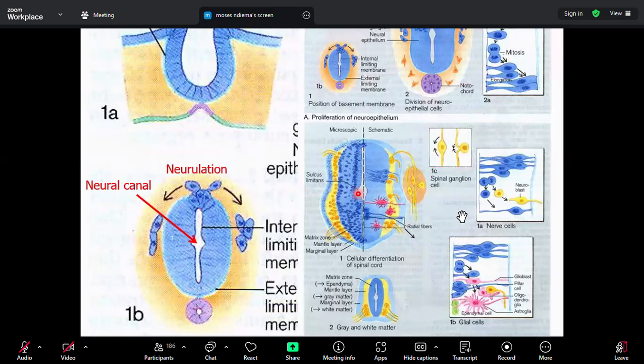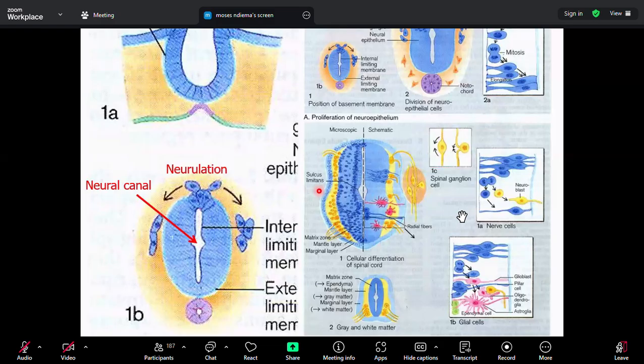So the migrating neurons attach to them as they migrate out from the central canal, or the ventricular surface. So those are the three regions that we have.